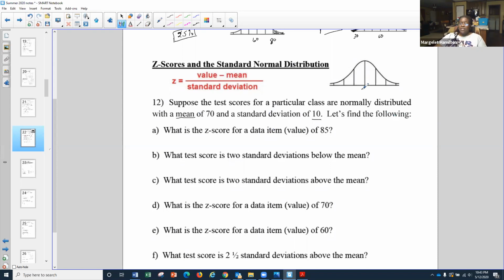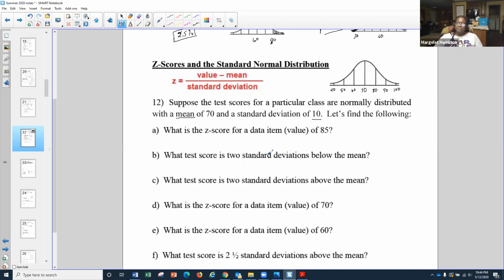We know that 70 goes in the middle. Now we're going to use our standard deviation of 10 to create our intervals. So 70 adding 10 will be 80, then 90, then 100. Then going down from 70, we have 60, 50, and then 40.